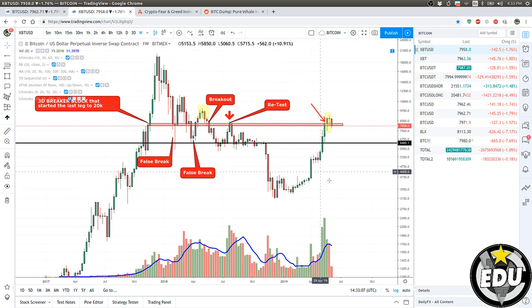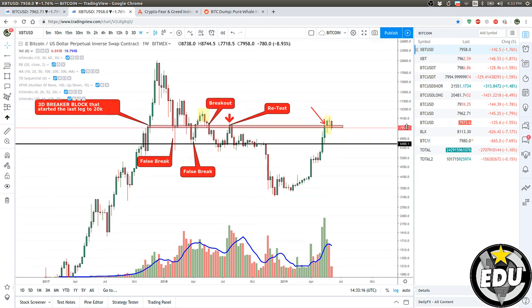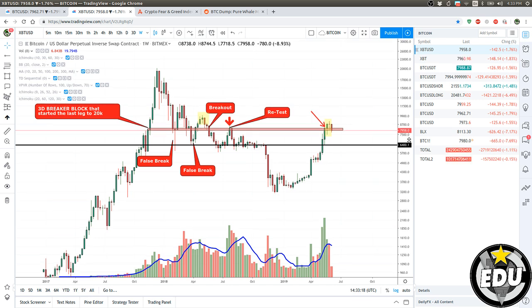Weekly candles are important, because every time they close, they really work. Like we see a bearish engulfing on top of the uptrend here, and it caused a dump.